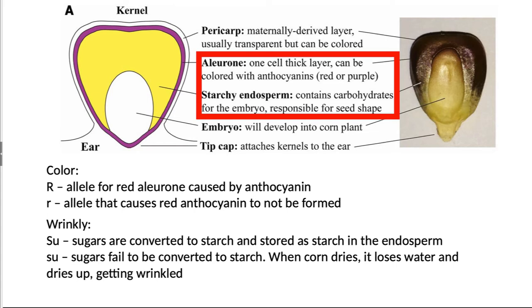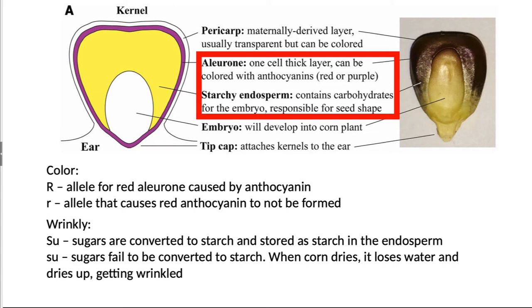But if there's a mutation in that gene, then something goes wrong, and we don't need to worry for our purposes about what goes wrong, but the anthocyanins are either not produced or not deposited into the corn kernel. And as a result, that layer ends up being largely transparent, and so you can see the yellow starchy endosperm underneath it.